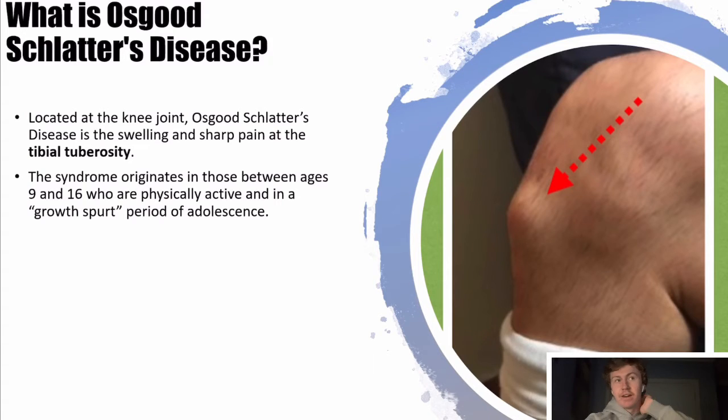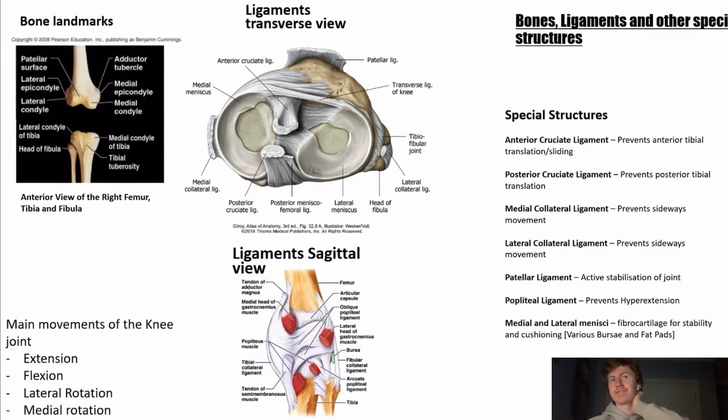So as we have a look at the bones, ligaments, and other special structures, we get started with the bony landmarks. What surrounds Osgood-Schlatter's? We have the distal of the femur and the proximal of the tibia and fibula.